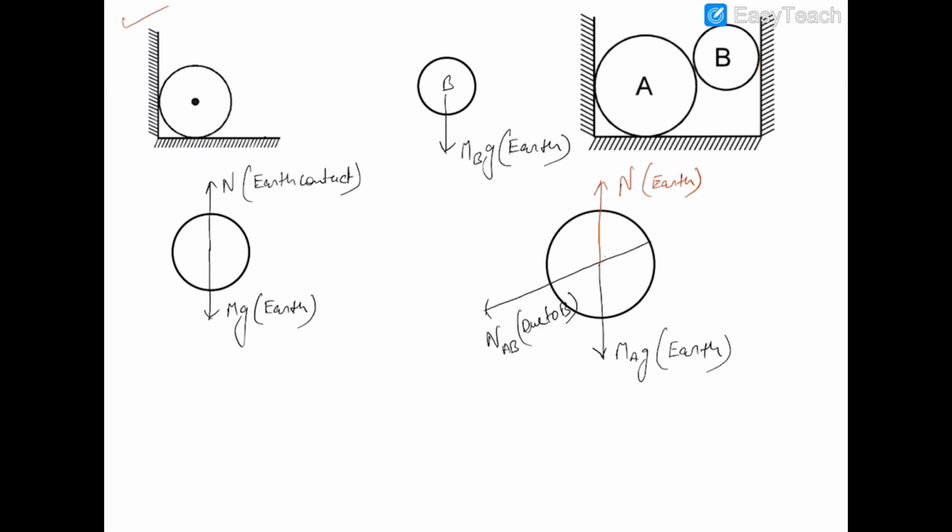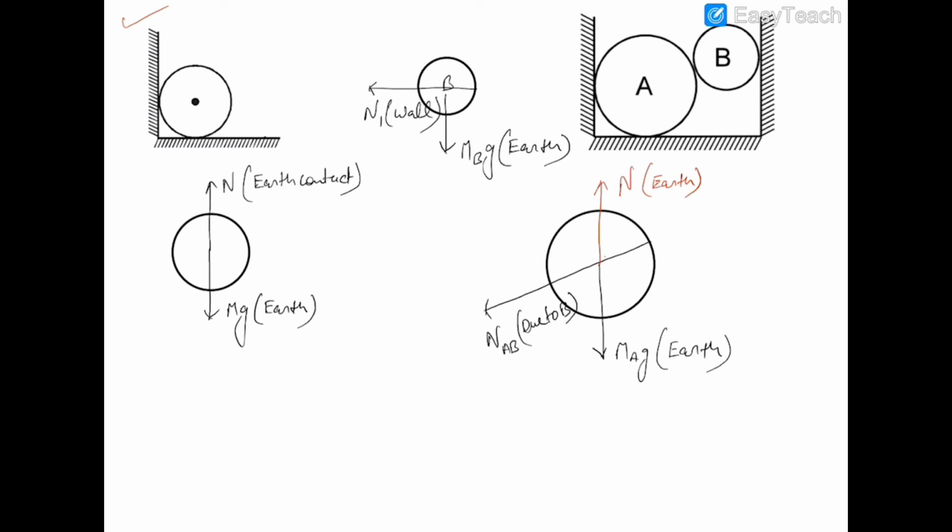This wall would be pushing ball B towards that side, because this ball is pushing the wall towards the right side. So there will be a normal reaction force towards the left side due to the wall, and let me name it N1. N1 is due to the wall.